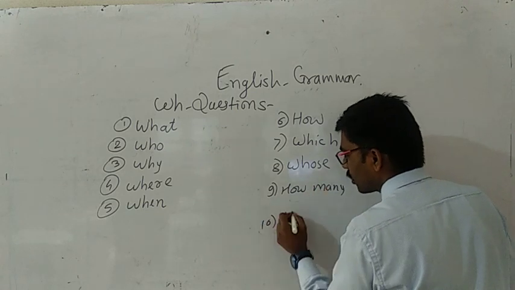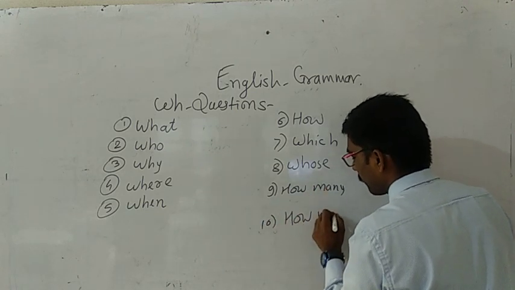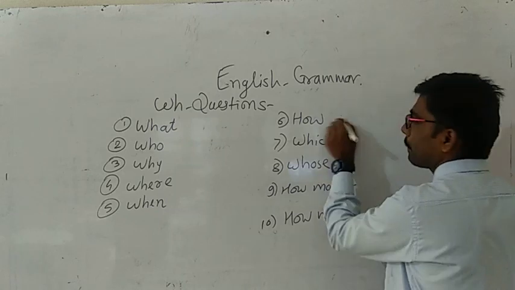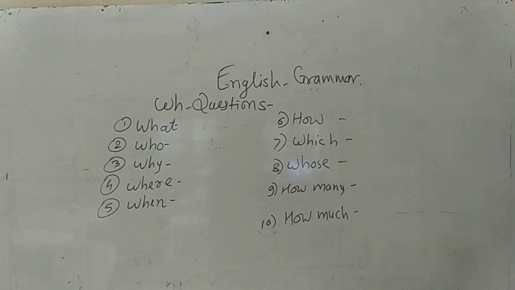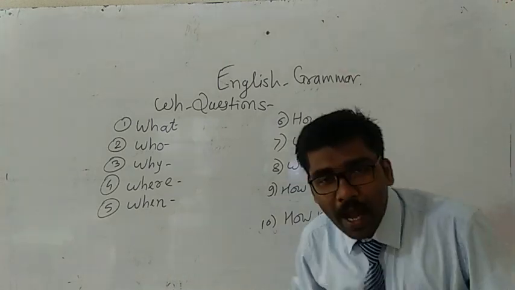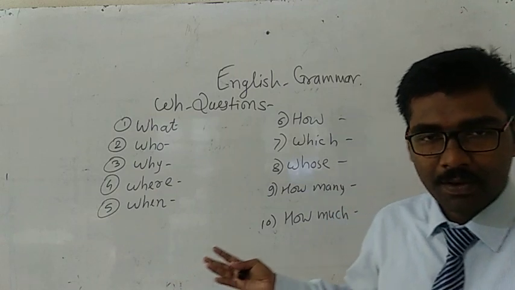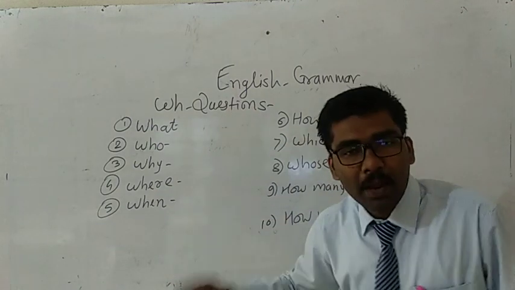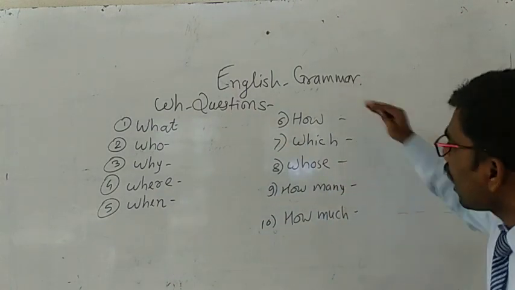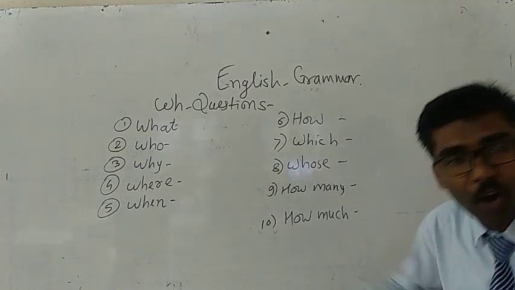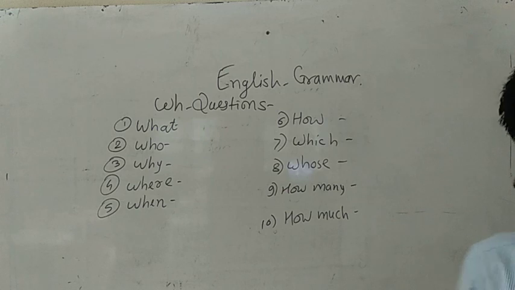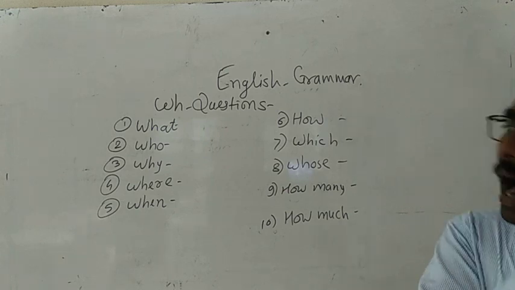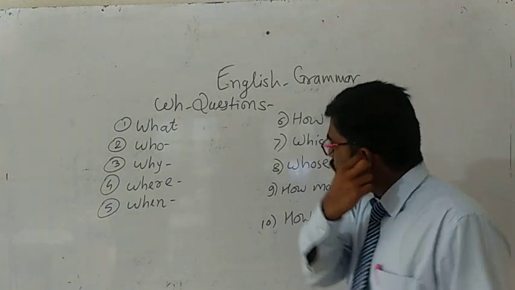Then how much? So these are all WH words. What, who, why, where, when. How, which, whose, how many, how much. These are WH words.